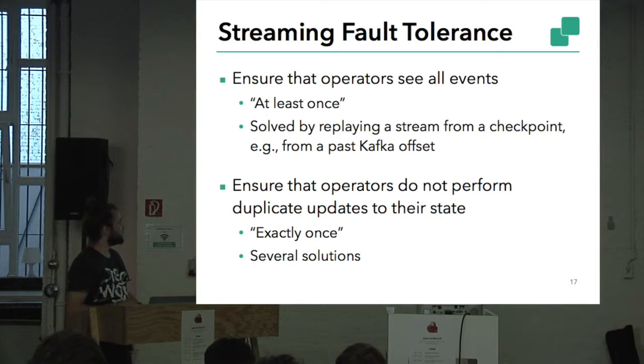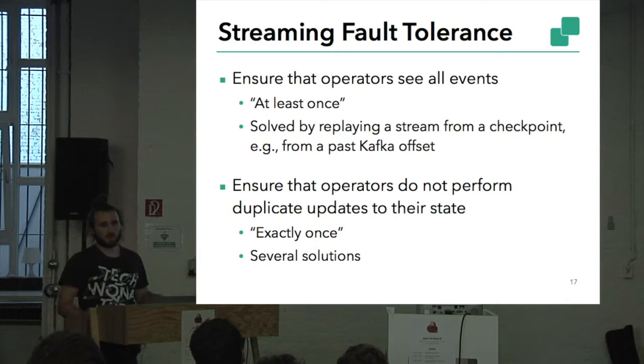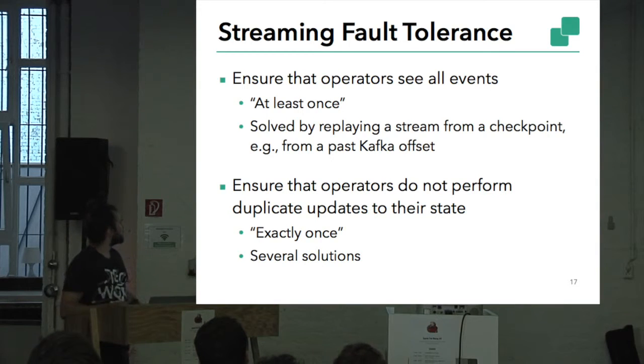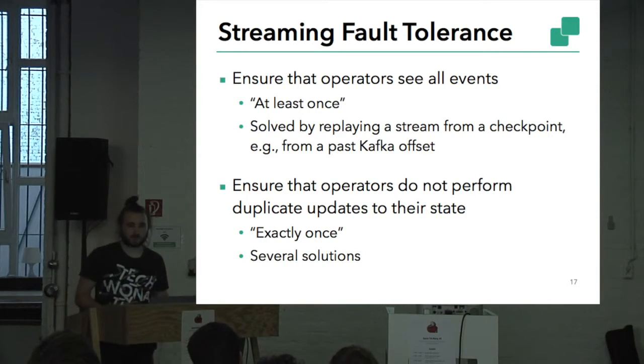the question is, what is fault tolerance, or what different paradigms are there, or what can you do basically? So there's one paradigm, basically, I would say, called at least once.